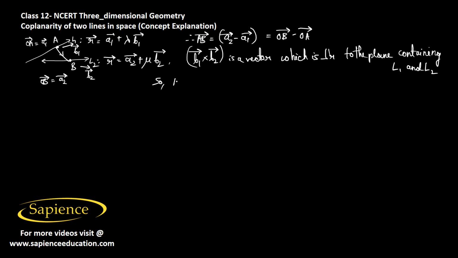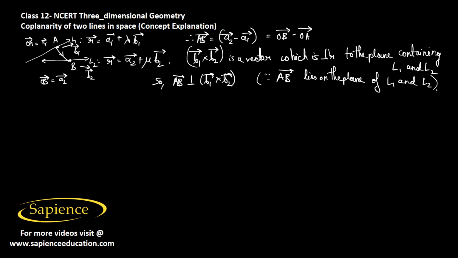So it means that AB vector should be perpendicular to b1 cross b2, since AB vector lies on the plane of L1 and L2. So now, therefore, we can say that AB vector dot b1 cross b2 should be equal to 0.